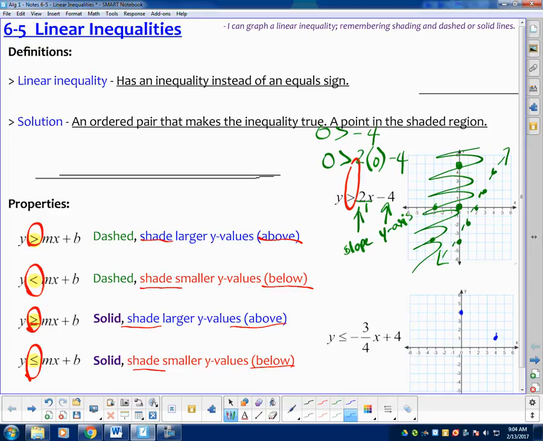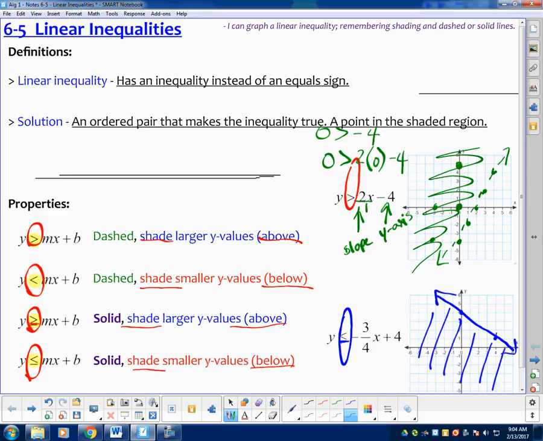Okay, now we're looking at the inequality. It says less than or equal to. If I have the equal sign right here, that makes it a solid line. And less than shades where? Above or below? Look over here if you're not sure. Below.